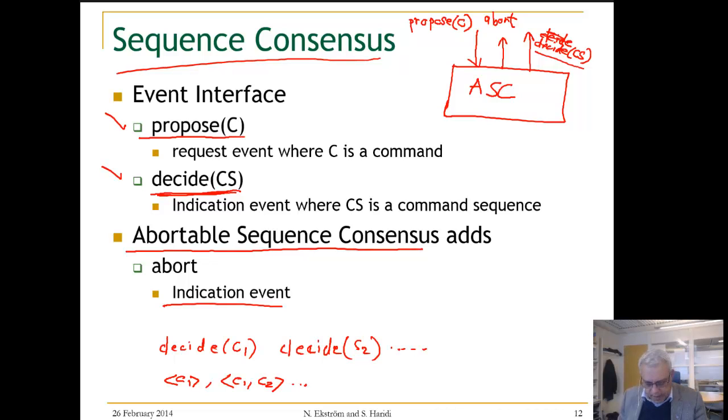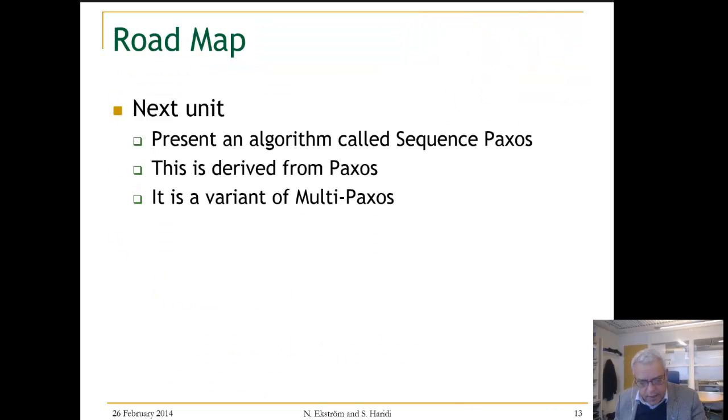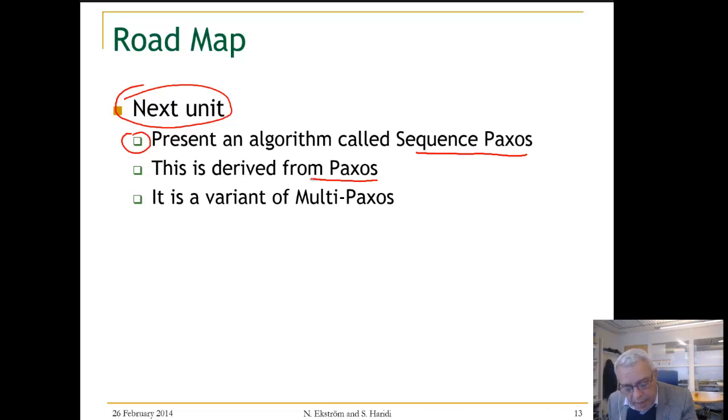So let us now look at a roadmap of what we are going to do. In the next unit, we are going to present an algorithm which we call Sequence Paxos. It will be very easy to understand because it will be derived from the single-value Paxos algorithm, but satisfying the sequence consensus specification, and we can say it is a variant of Multi-Paxos.